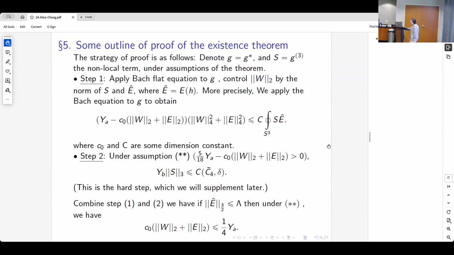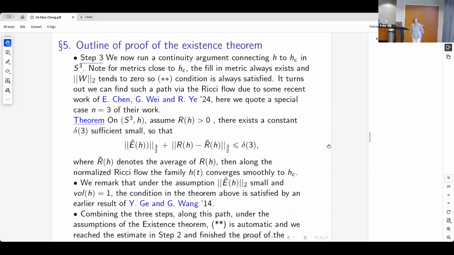So in that case, we need a continuity argument. The continuity argument is, I now connect H to the original HC. Remember, I'm on S3. So at the beginning, I have the double star condition, and we try to connect a continuous path. The condition I put on is that in this family, it continues to be true. And luckily for us, we found that in the recent work of Guofang Wei with Eric Chen and Rugang Ye, this is a special case of the result, saying indeed, on S3, if you start with something, their assumption is a little bit different than ours.